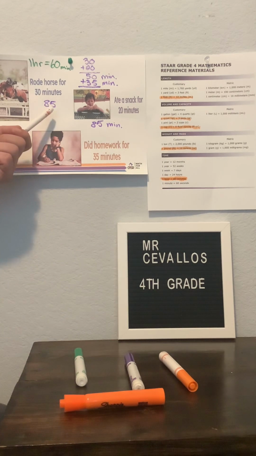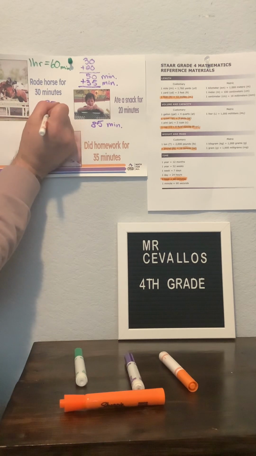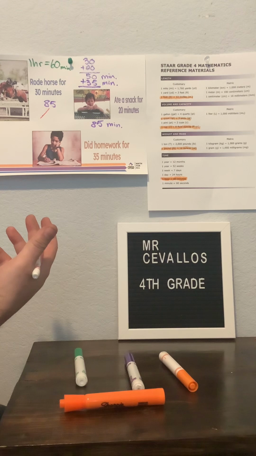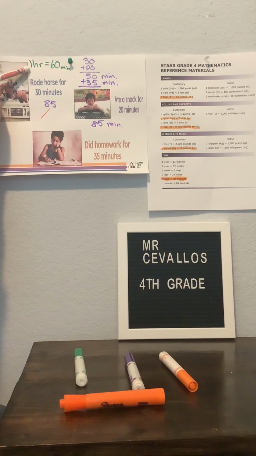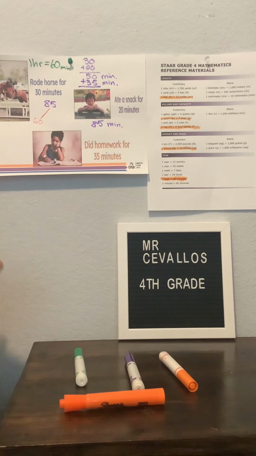Can I take or pull 60 minutes from 85 minutes? Yeah. And so that's what I'm going to do. I'm going to pull 60 minutes. Now, if I'm pulling 60 minutes, what am I really actually pulling? My 1 hour, right?